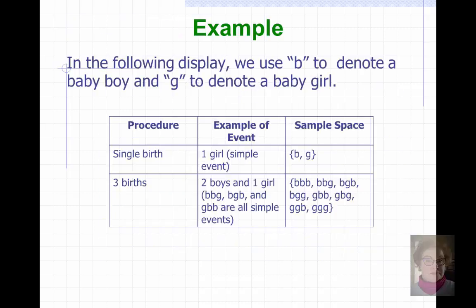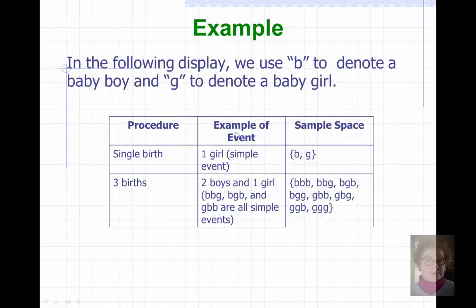So here we go. Our procedure is a family that has one baby. The event that we're interested in is going to be one girl, but the sample space could have been either a boy or a girl. If we're looking at a family with 3 children, 3 births, we want to know about the event of 2 boys and a girl. Well, that can happen when order counts as boy, boy, girl; boy, girl, boy; and girl, boy, boy.